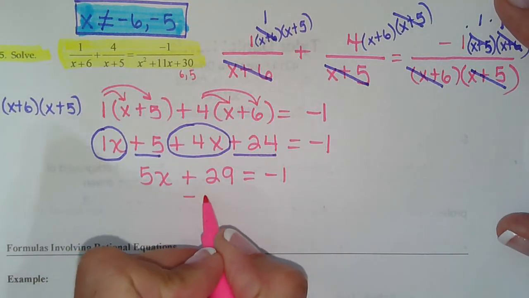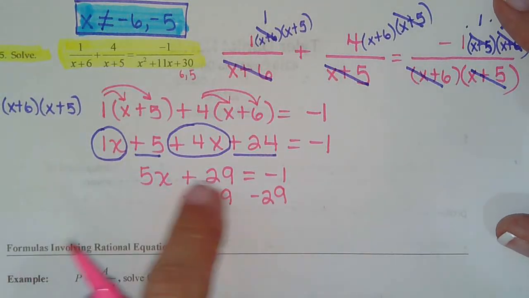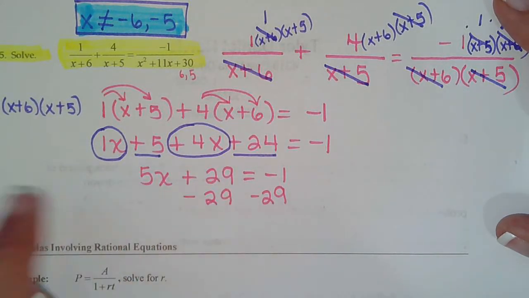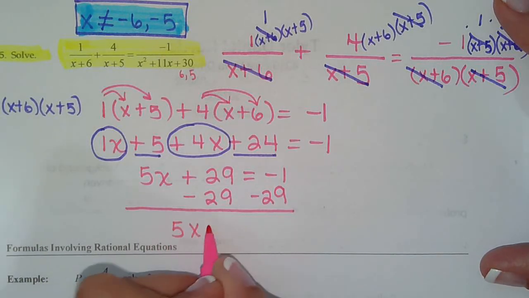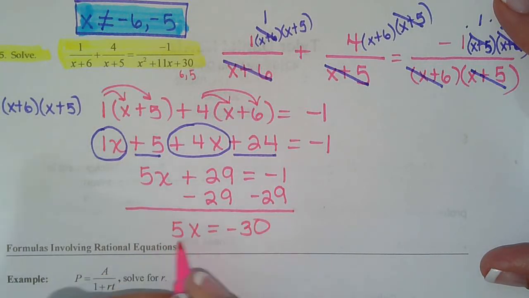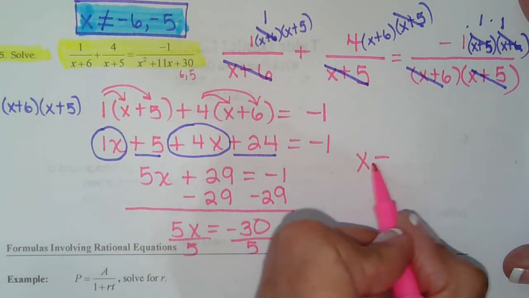And then we're solving for x. This one does not require that we set it equal to 0. Notice there's no x squared. So we get 5x equals negative 30. Divide by 5, divide by 5. X equals negative 6.